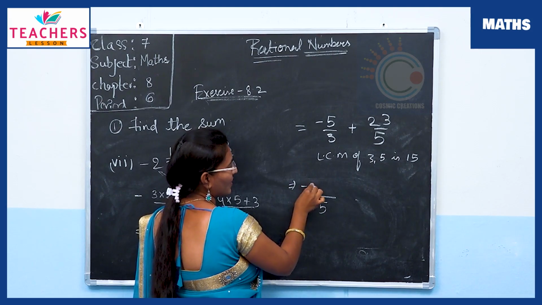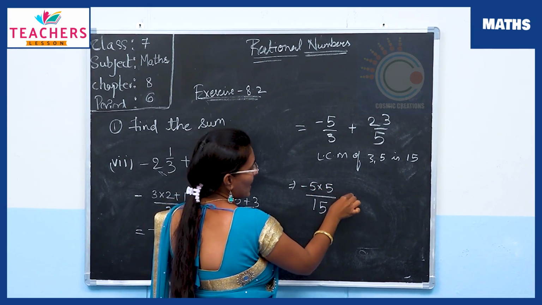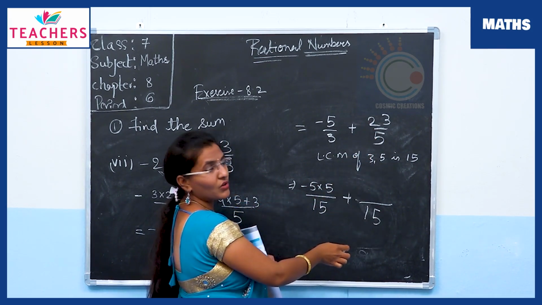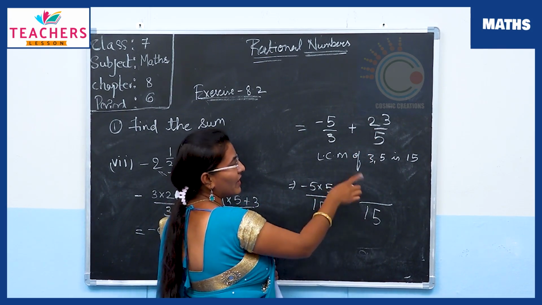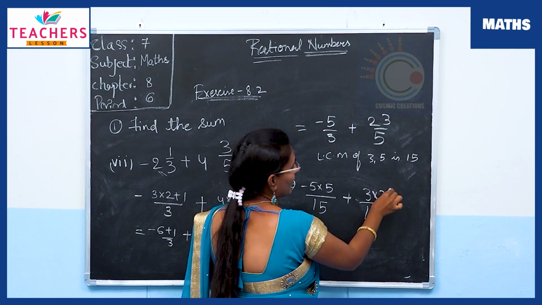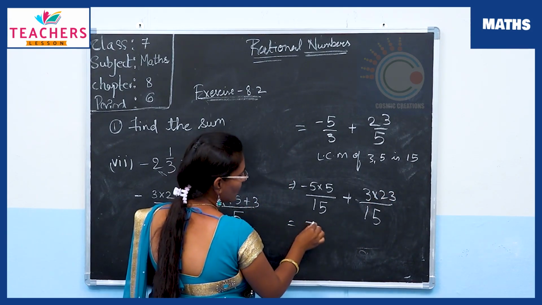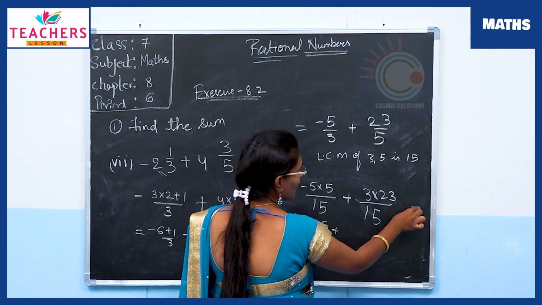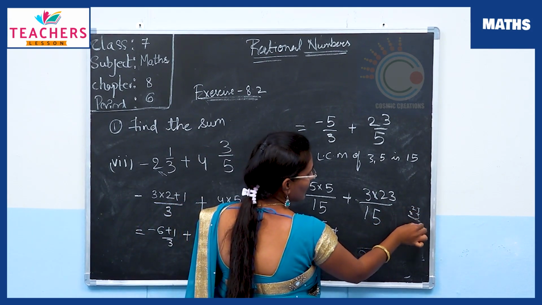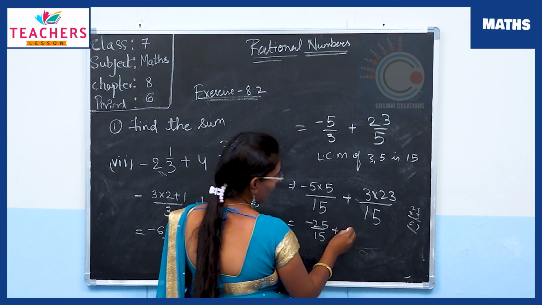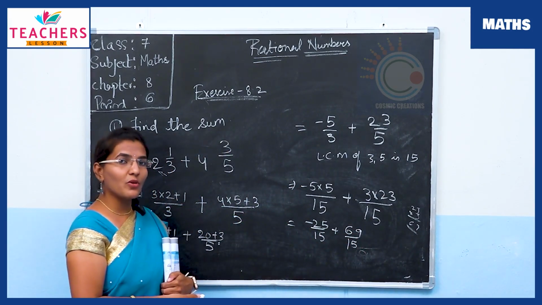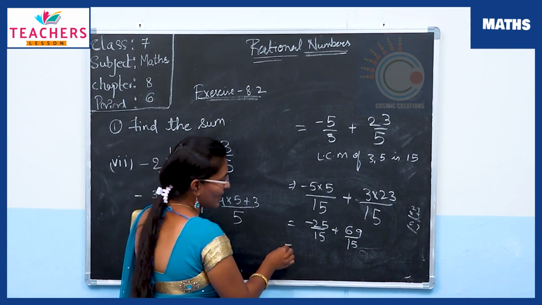5 into minus 5, plus, again 15, the second term, 5 into how many times is 15? 5 3s are 15, so 3 into 23. 5 5s are how much? Minus 25 by 15 plus 23 into 3 is how much, students? 3 3s are 9, 3 2s are 6, 69. So, 69 by 15. If you observe clearly, denominators are the same, so now you can add.